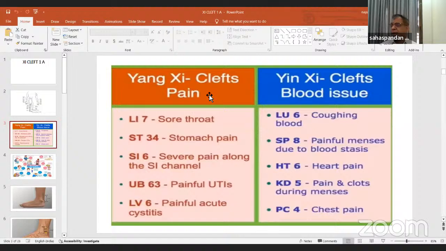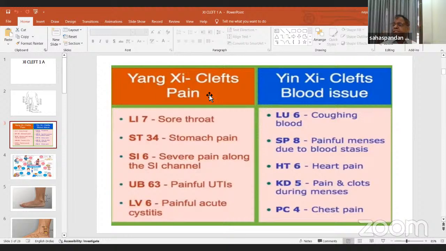ST34 for the stomach pain. And SI6 is for acute pain along the SI channel, whether it is a frozen shoulder, elbow pain, or wrist pain along the channel, acute pain.